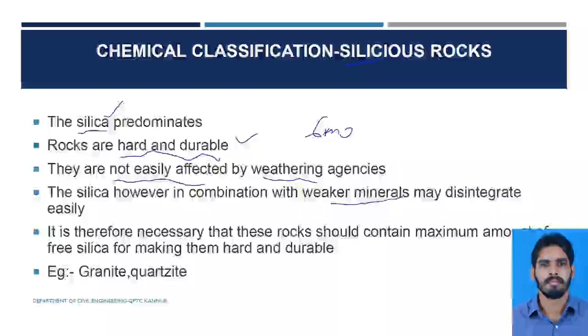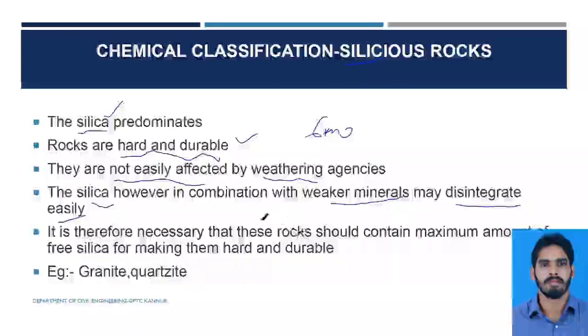Actually, he had a good character at the time of joining. After 1 year, if we look into his character, it has changed. Why is it so? His companion. Like that, if it is silica in combination with a weaker mineral, it may disintegrate easily. That is the point that you have to remember.